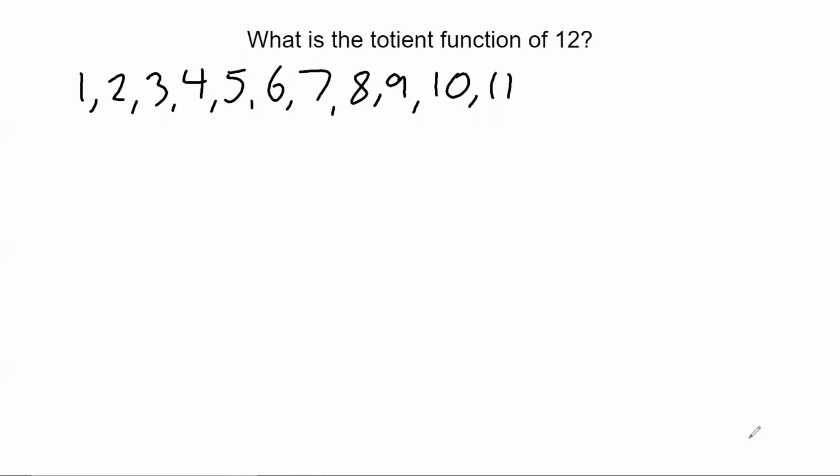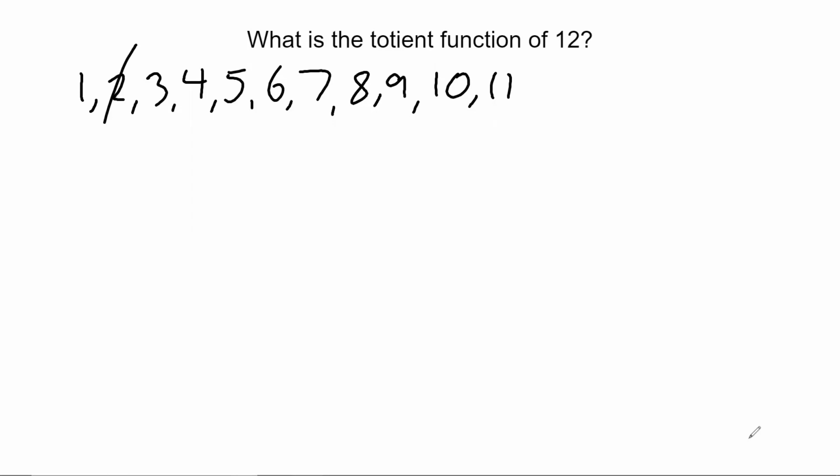So out of all the numbers less than 12, we have to remove the ones that have a common factor with 12. So for example, we would have to remove 2 because 2 and 12 have a common factor of 2.